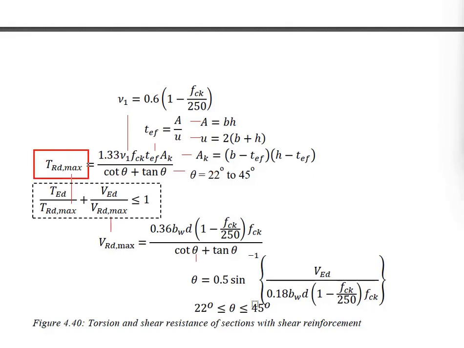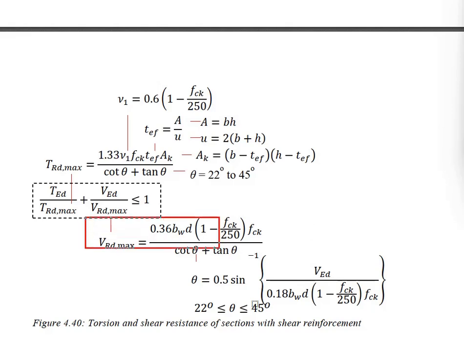Purposely reduce a bit the maximum resistance to the torsion as a means of factor of safety in estimating the torsional resistance capacity. Next, it will be the shear part. VED is the shear load that you analyze from the structure. VRD max represents the maximum shear resistance of the member.